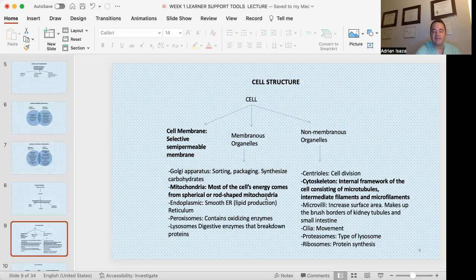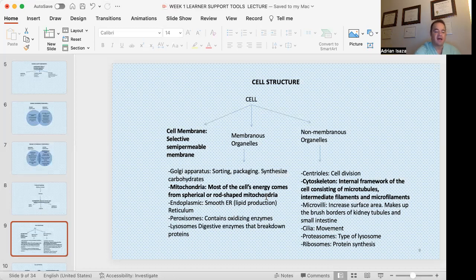What keeps us alive is that production of energy. So the cell needs two things to make energy: glucose, right? Sugar, and oxygen. So that's why we breathe, that's why we eat. And what we need to live is to breathe and to eat. Why? Because the cell needs oxygen and glucose to make energy.